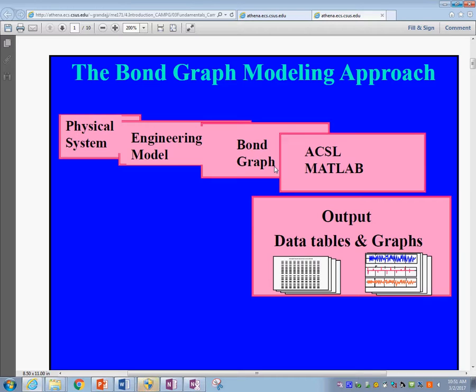What CAMG does is it takes this bond graph model and produces the input files for several programs like ACSL or MATLAB, and then these simulation programs would produce the data and the tables that we need to perform our calculations.